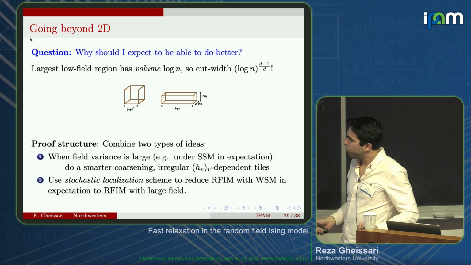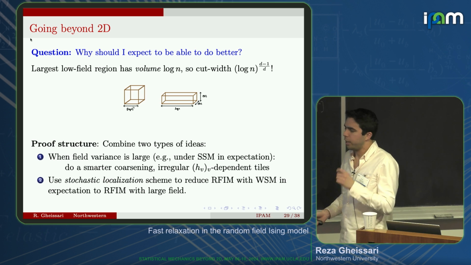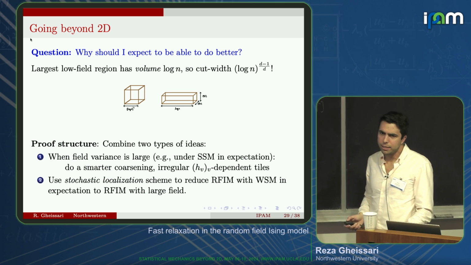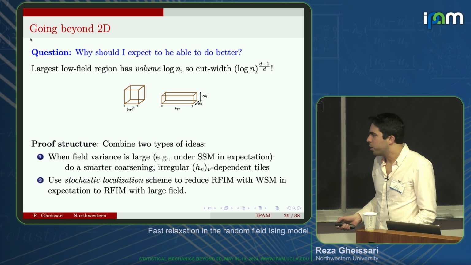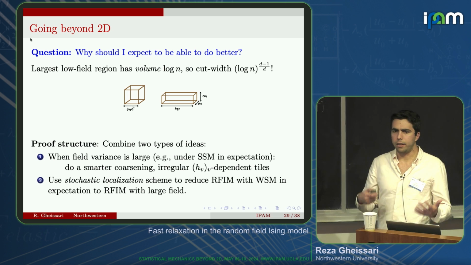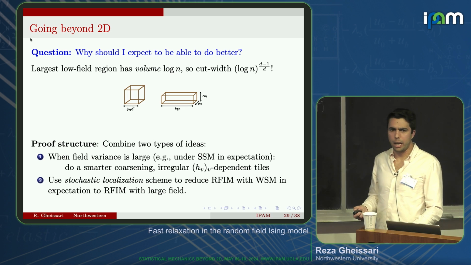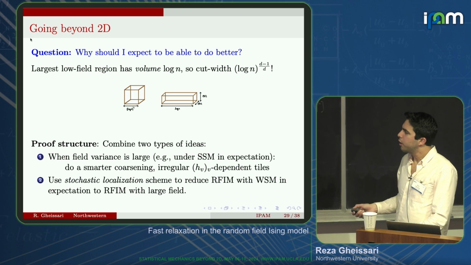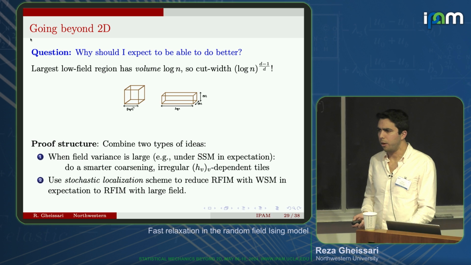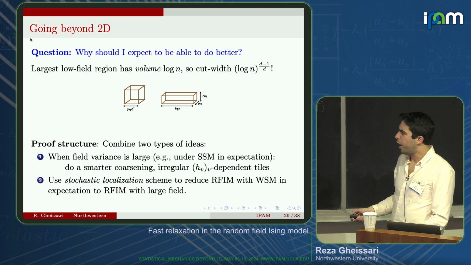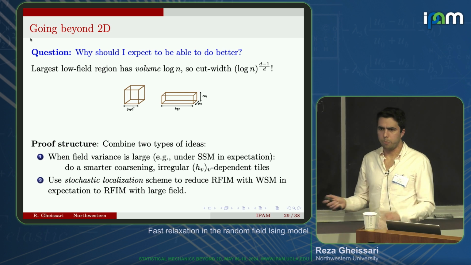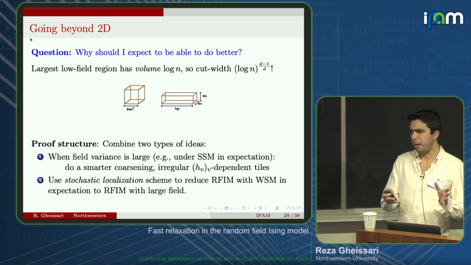So the proof structure is basically you want to combine two different types of ideas. One of them is based on coarse-graining arguments and typical lattice mixing time types of analyses. And on the other hand, we combine that with ideas from what's called stochastic localization, which was introduced by Ronen in around 2013 and really hasn't been used for analyzing mixing times on lattices.